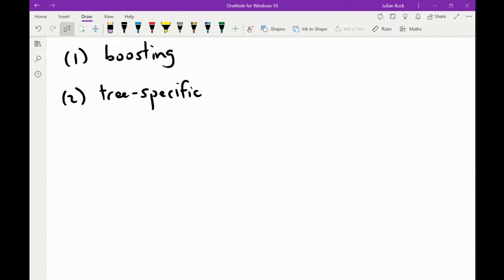So as mentioned previously, our default assumption is that decision trees are the base learner.